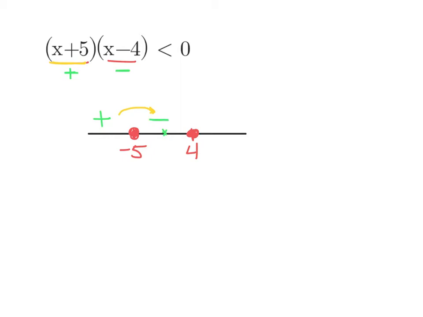And now as we pass over that positive 4, I want you to notice that we pick a number out here like a billion. A billion plus 5 stays positive. But a billion minus 4 switches from negative to positive, making that entire product positive. Now we can go back and answer our question, when is the product less than 0? When it's negative. So when x is in between -5 and 4.